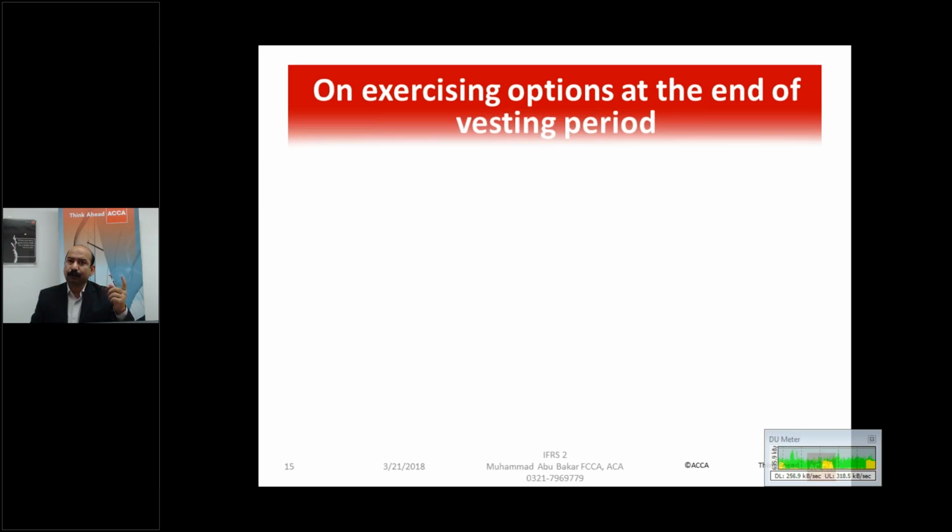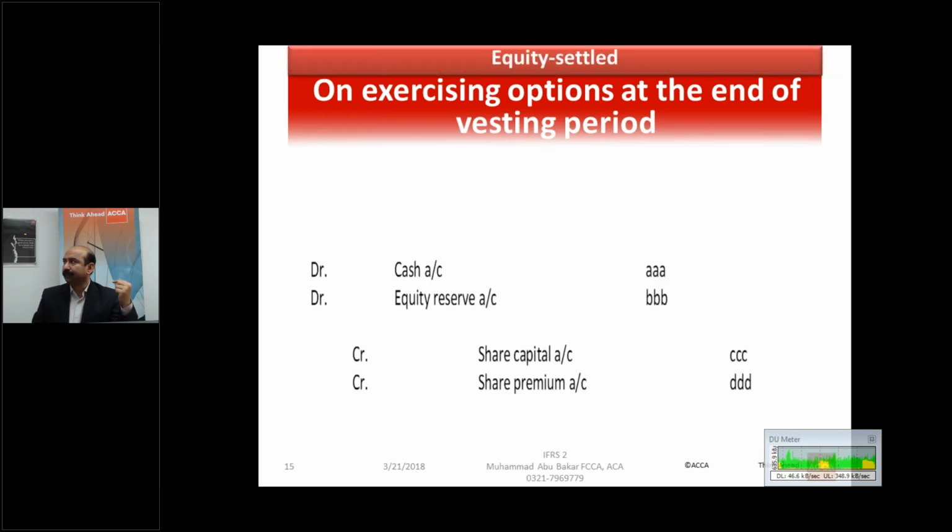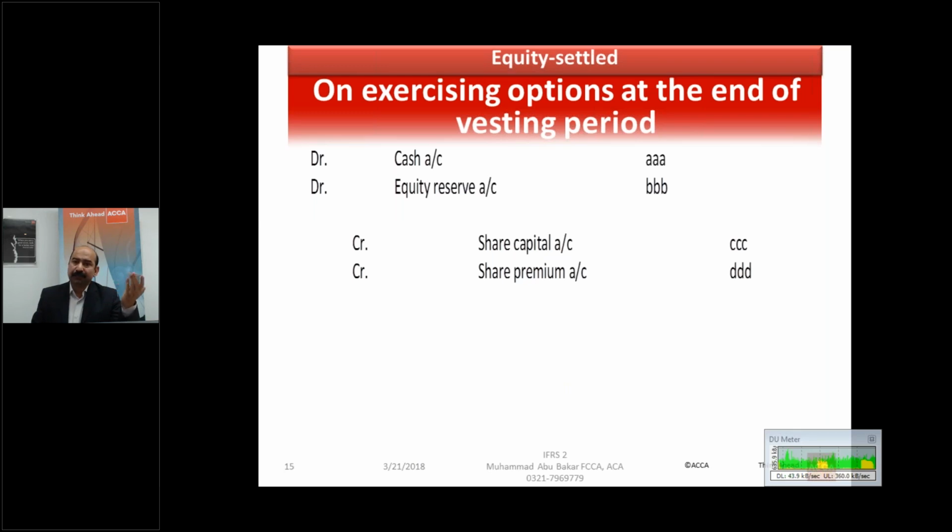When the option is exercised, cash will be debit because you are receiving cash from the exercise of those share options, and then you have created equity reserve over the vesting period.